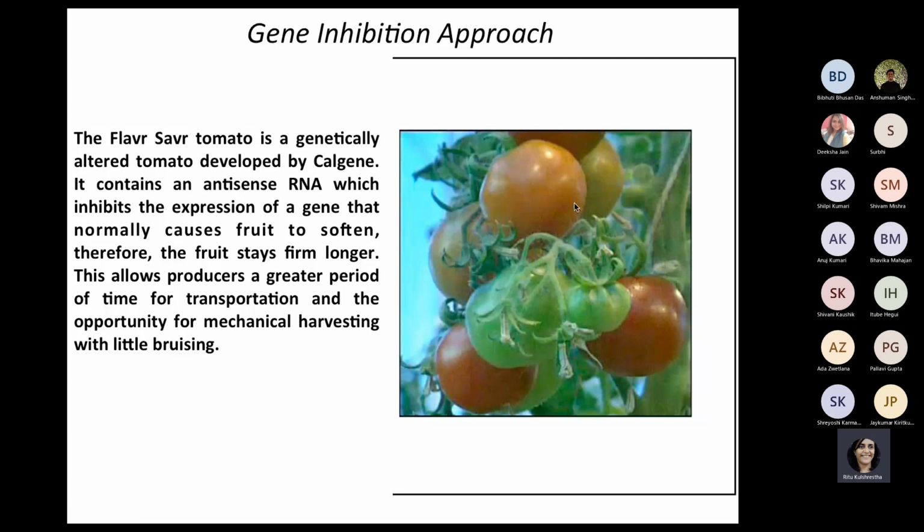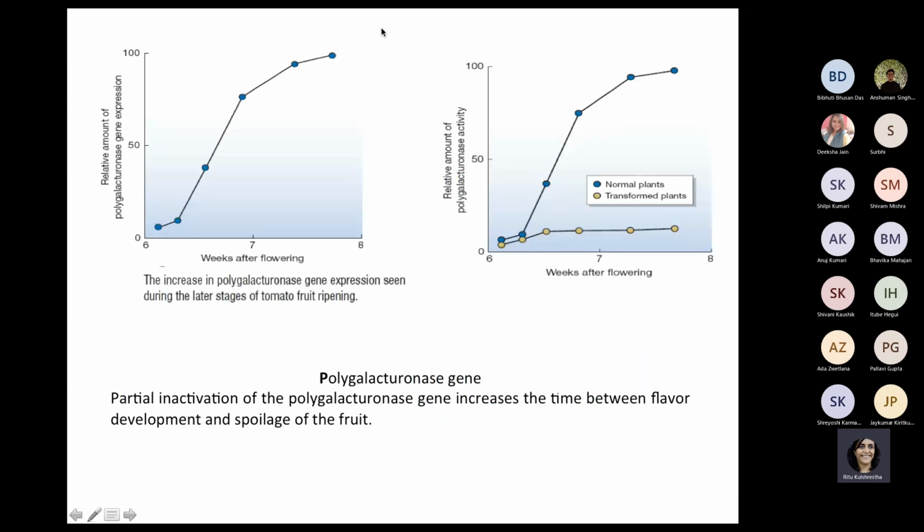So then the idea was: how do we identify the genes which are involved in the ripening process? There comes the role of basic scientists who identify various genes and pathways involved in a particular process. And one of the genes that they came across was polygalacturonase.